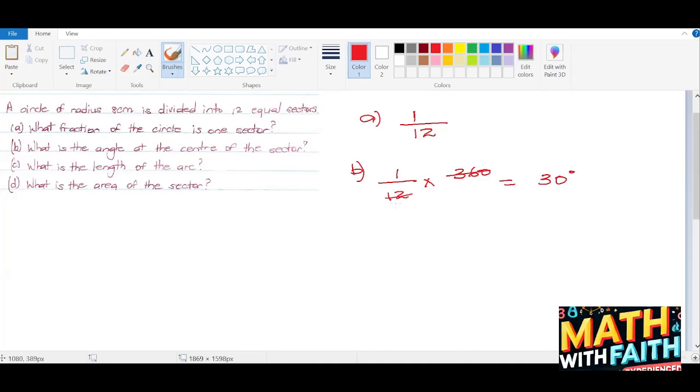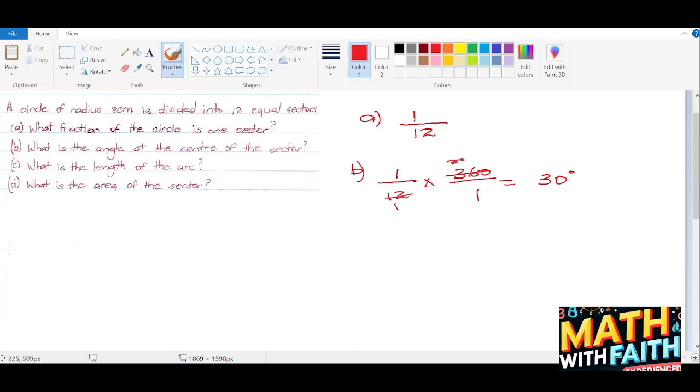When we divide 360 by 12, we get 30 degrees. So if we multiply 30 by 12, we get 360. Each of them has an angle of 30 degrees because every one will be 1/12 of the total, which is 360.